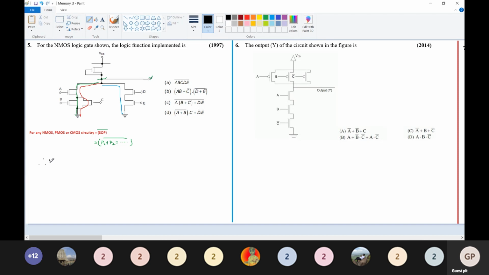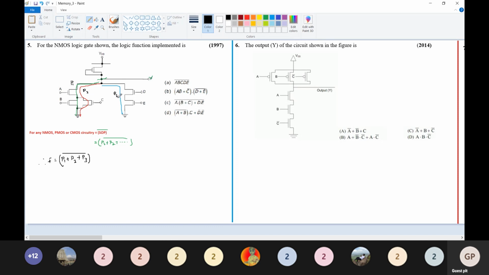Therefore, your function F is the complement of the first parallel path, product 1, the second parallel path, product 2, and the third parallel path, product 3. I'm going to write these as P1, P2 and P3.